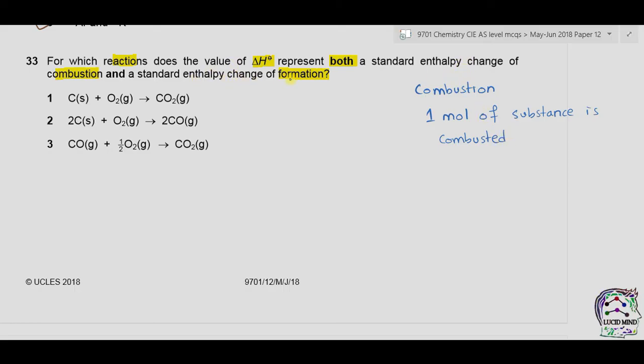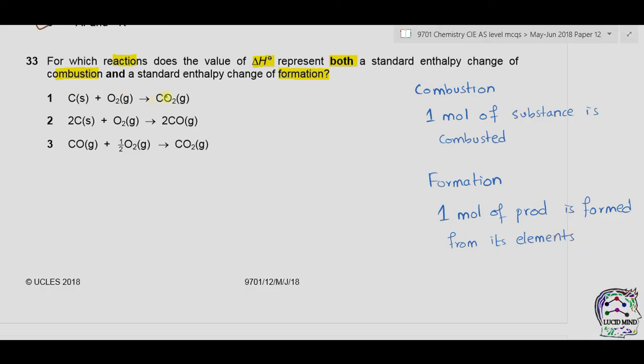The standard enthalpy change of formation is the enthalpy change when 1 mole of product is formed from its elements in standard states under standard conditions.